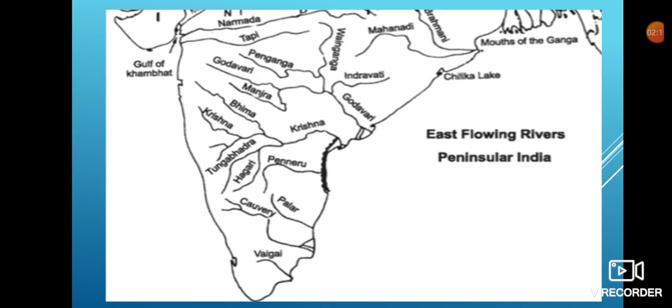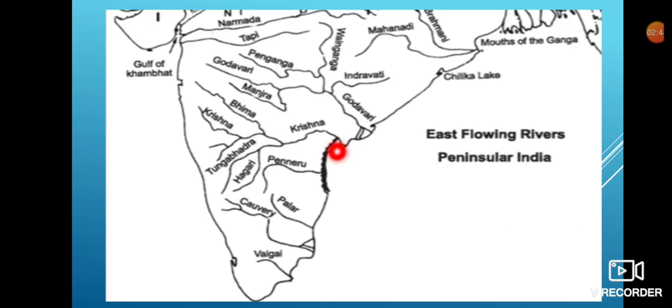The other river, that is Krishna, rises in Maharashtra, not Karnataka, at this point, and it moves towards the eastern side. It drains the whole of Karnataka as well as Andhra Pradesh, forms the delta in Andhra Pradesh, and flows into the Bay of Bengal.